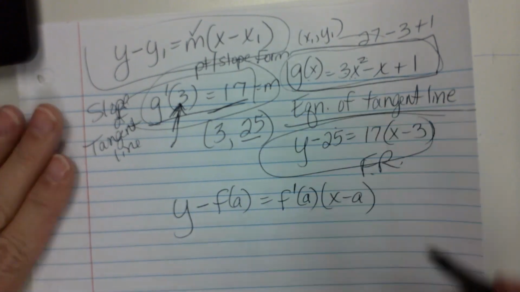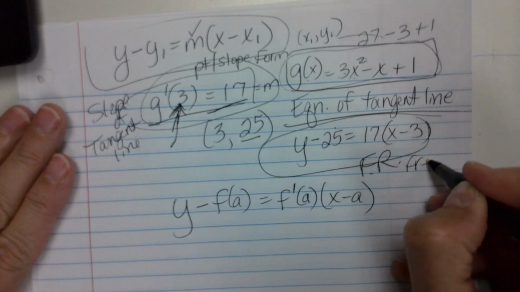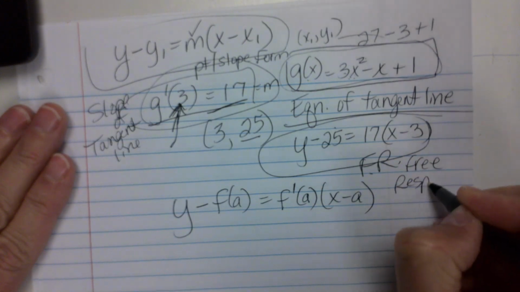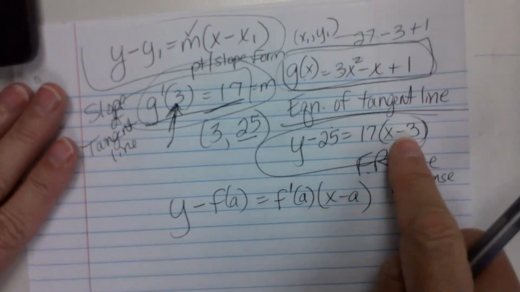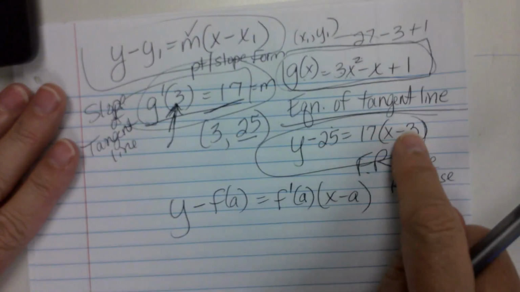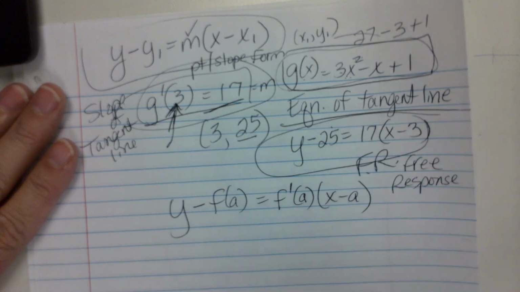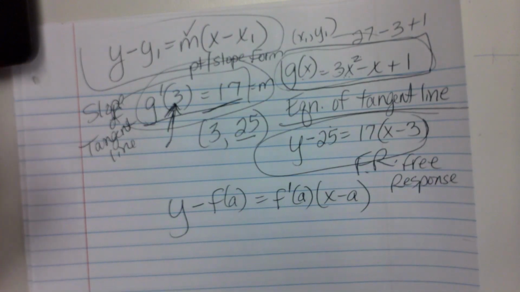This is free response. If we're talking about the AP exam, do not try to go to slope-intercept form because you might make some simple mistake, like multiplying 3 by 17 wrong. If it was multiple choice, well, then you'd have to do a little work and try to find the one that matches, right?